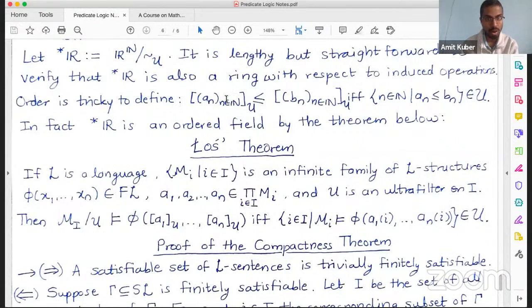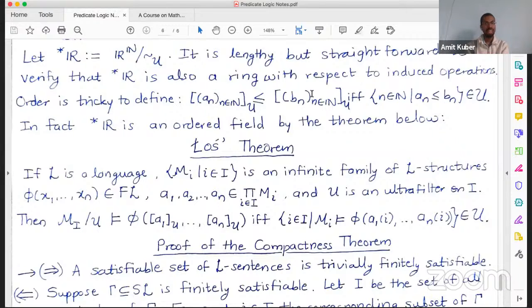With respect to this ordering, you can check that it is less than or equal to the constant 1/n sequence for each n. Because up to a certain point, up to some n naught, an will be bigger than the constant entry, but after that all the entries of an will be smaller than the corresponding entries in the constant sequence.